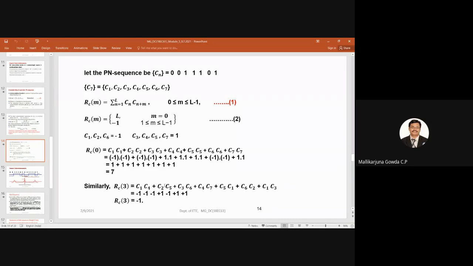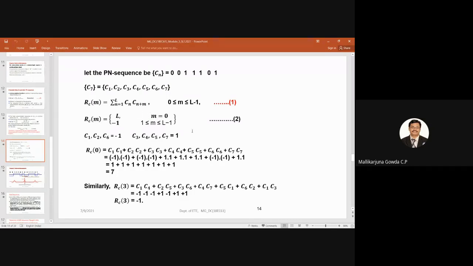First is right, second is also right, third is also right, fourth is also right. When it is 5, 5 plus 3 is 8, and 8 is written as 1, so C5, C1 is fine. Then when n is 6, the subscript is written wrong, so let me change that. 6 plus 3 is 9.